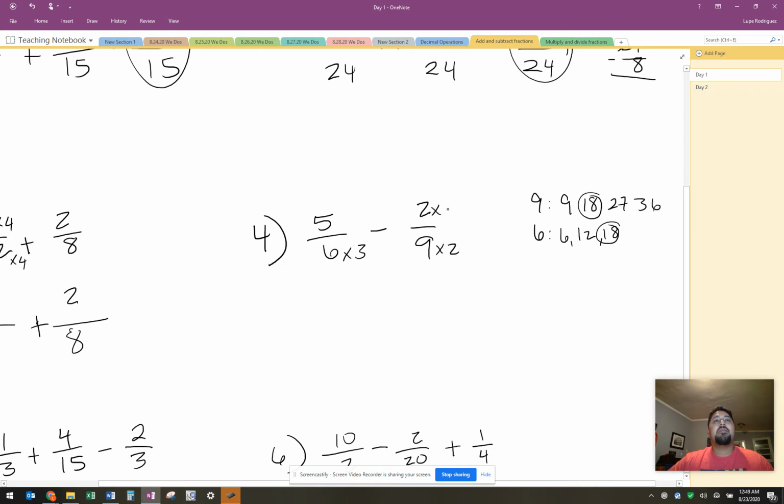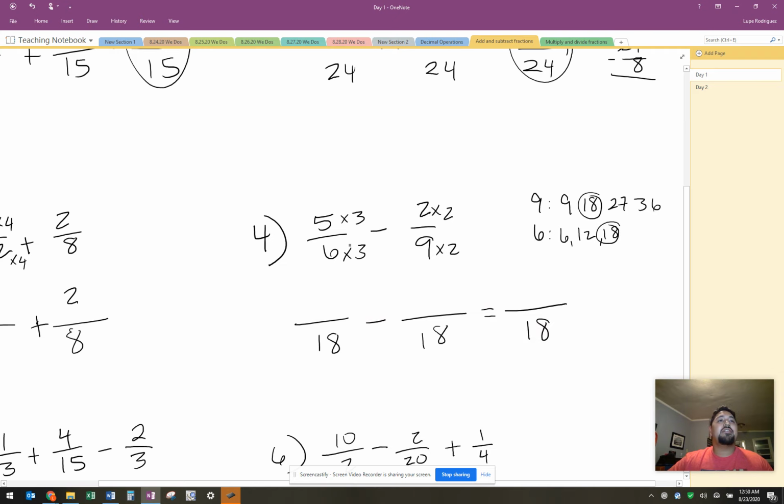So whatever I do to the denominator, I need to do to the numerator. So let me set this up. I know my common denominator is going to be 18, and then I keep the same denominator.